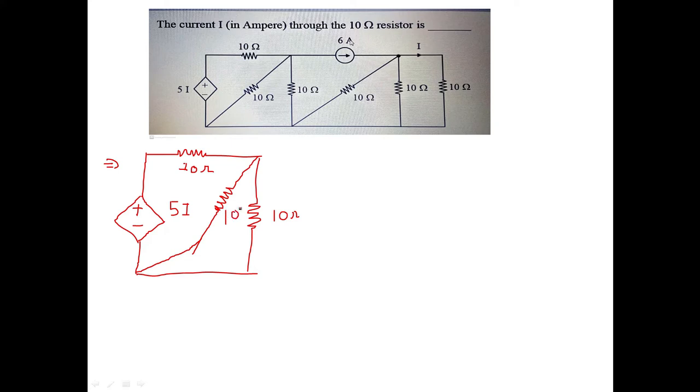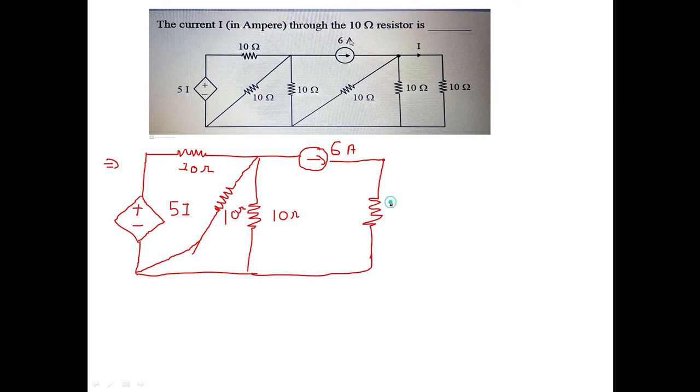Then there is a 6 ampere current source, connected to this particular point which has a 10 ohm resistor.